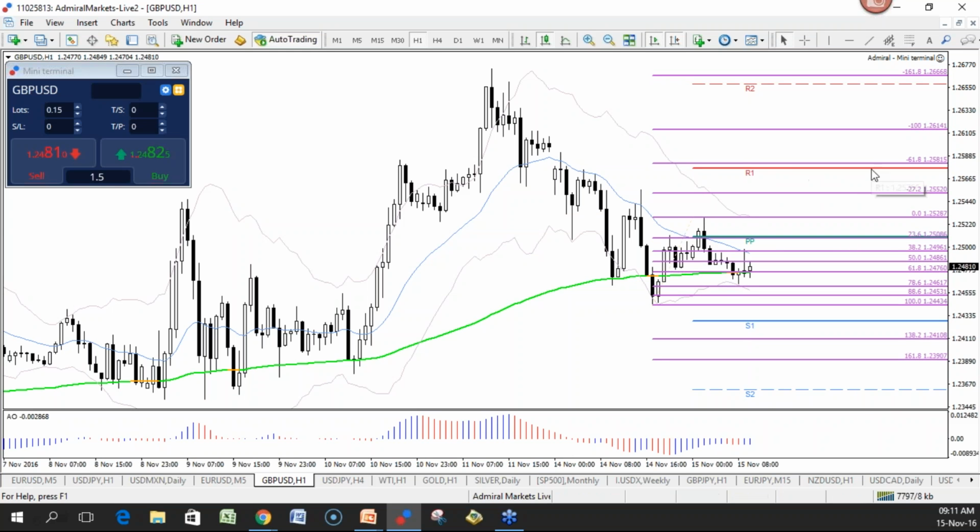That's aiming at the minus 61.8 target, and that would be basically the zigzag.